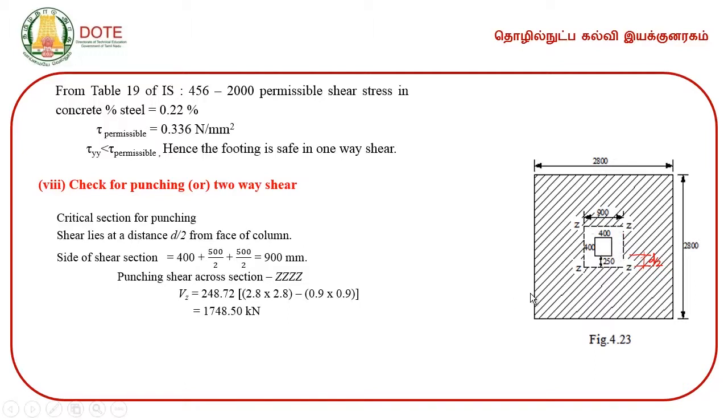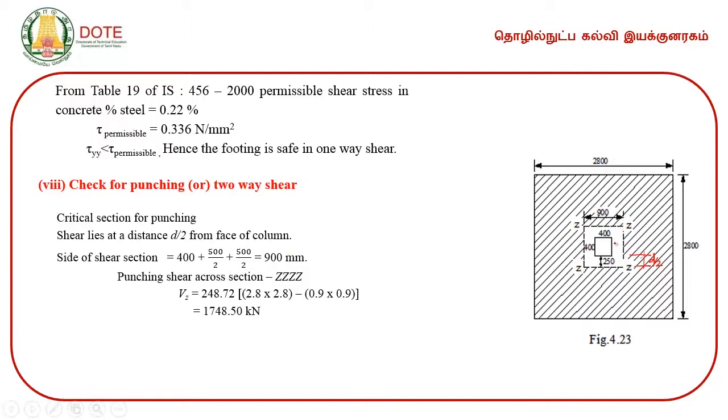So, section Z shows the critical section for punching shear, and the side of the shear section is this: the column width is 400, and on either side is 250. So, 250 plus 250 plus 400 will give you 900 mm. One side of the shear section is 900, and on all the four sides it is equal.